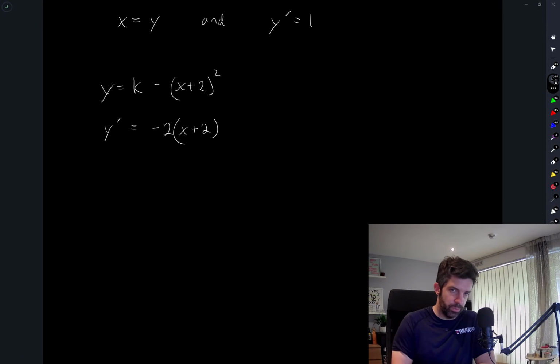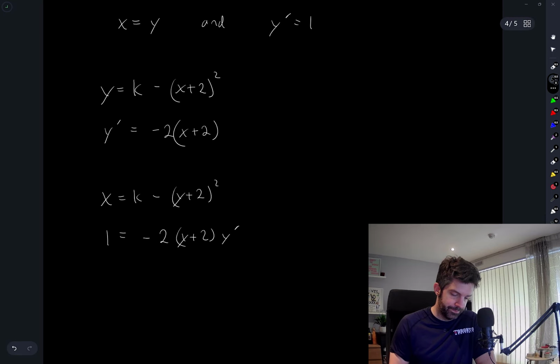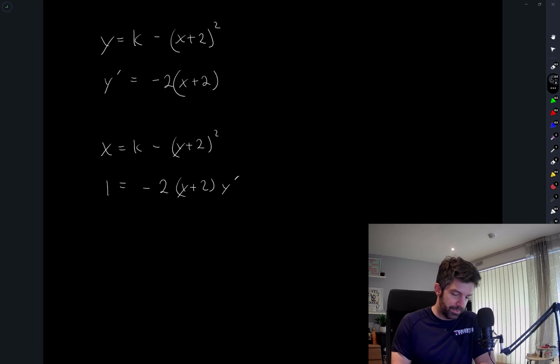If I take the second equation, x is equal to k minus (y plus 2) squared, and take a derivative of this, I get 1 is equal to negative 2 (y plus 2) times y prime. So if I now set y prime equal to 1, the first equation gives me 1 is equal to negative 2 (x plus 2).